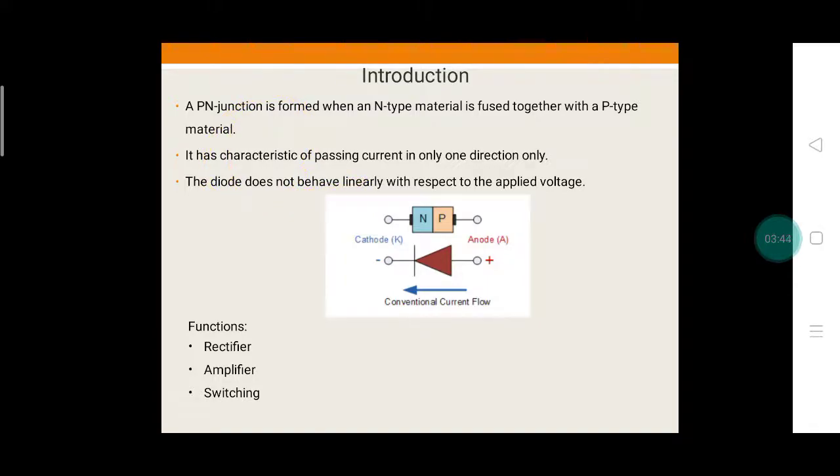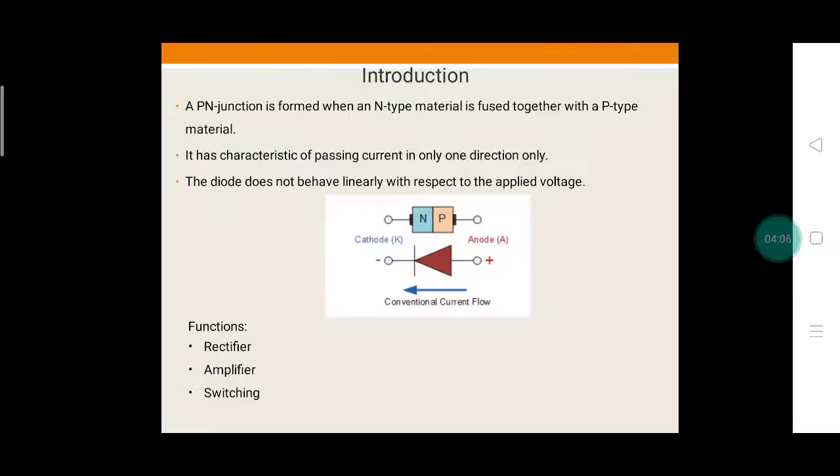What is a p-n junction? Semiconductors which contain positive charge carriers in large extent are known as p-type materials. Then we have n-type materials.